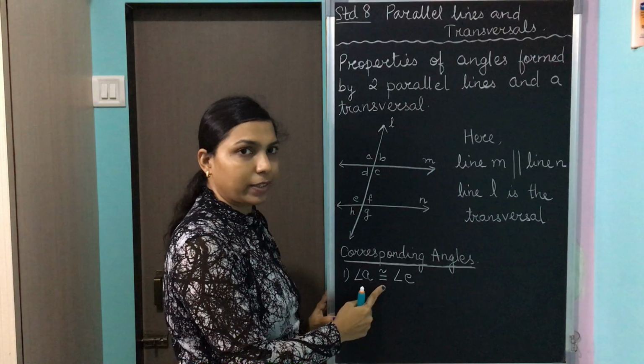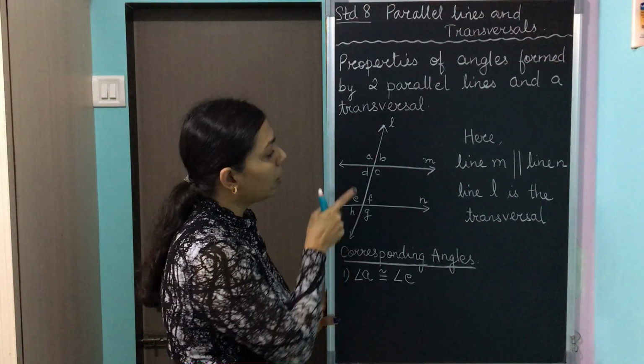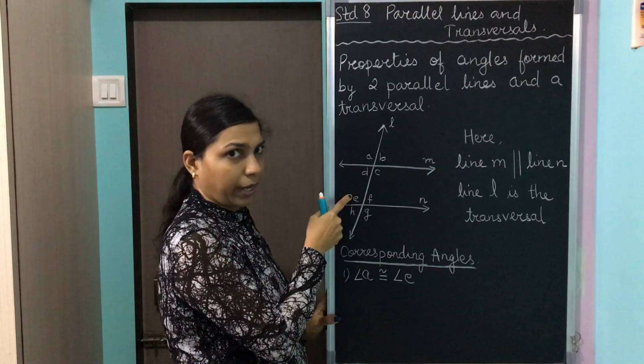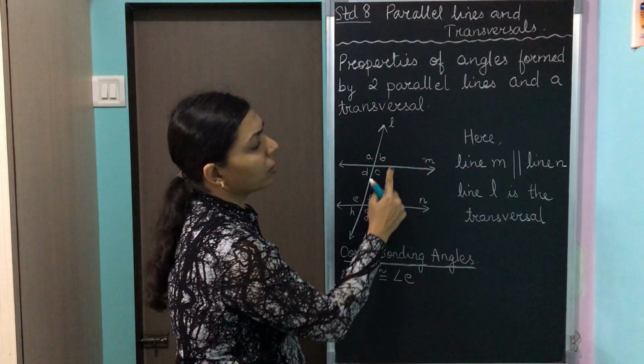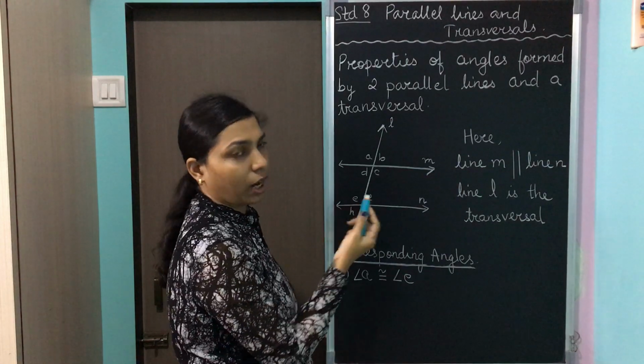This is the congruent sign, which says that both are of the same measurement. So angle A and angle E are your corresponding angles, and they are congruent to each other. Next, we have angle B and angle F, which are congruent.